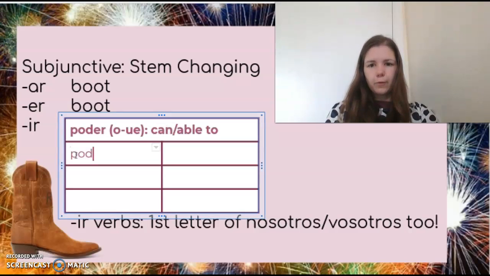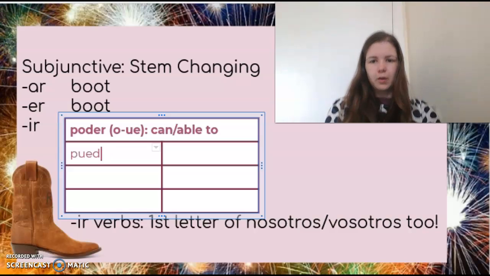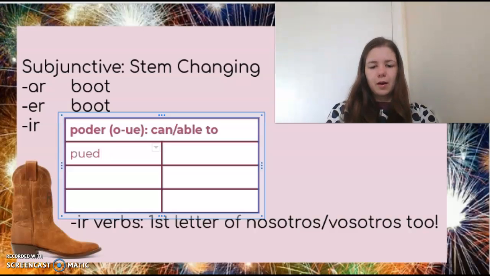I'm going to take my yo form, which is puedo. I'm going to drop my O, and then I'm going to add my new opposite ending. So here it's going to be pueda because I'm doing an ER verb. Here in tú, I'll have puedas. Usted is still pueda.